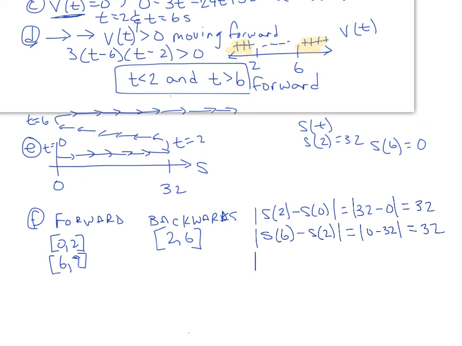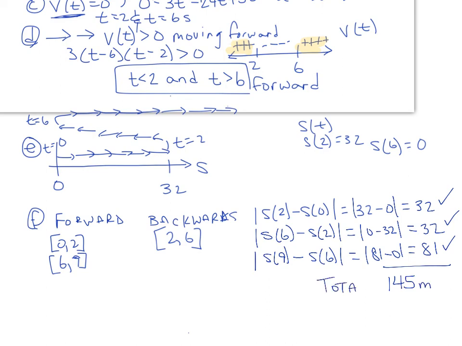And then I'm going to do the final one, which is s of 9 minus s of 6, and that'll give me 81 minus 0, which will yield 81. So I've traveled 32 forward, 32 backwards, and 81 again forward. I add this up, and I get a total distance traveled of 145 meters. So that's my total distance traveled right there.